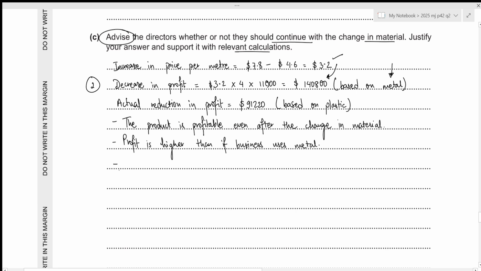Now we need 2 different comments on why they should not continue with plastic material. We are changing from metal to plastic, so it might definitely impact the quality of the product negatively. So the change in material might impact the quality of the product adversely.